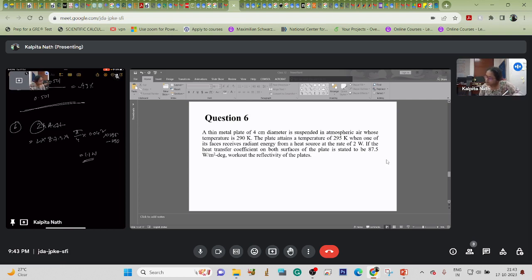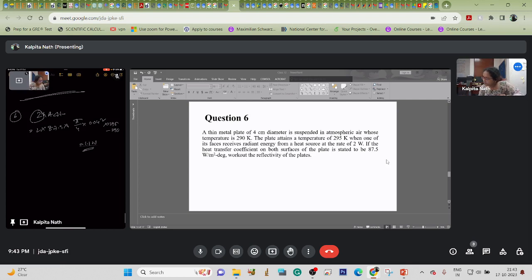Now, for most solids, the transmittivity is 0. So if the transmittivity is 0, the energy lost by convection plus the energy lost by reflection will be equal to the radiant energy.